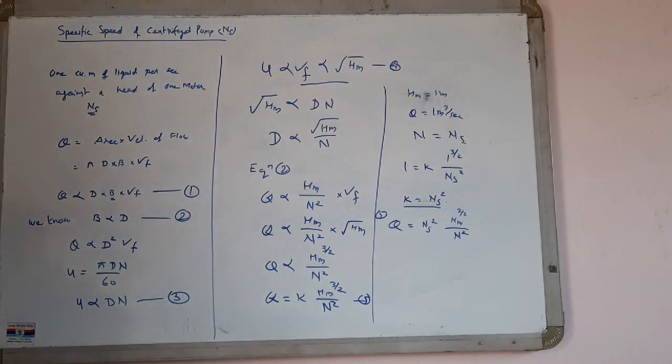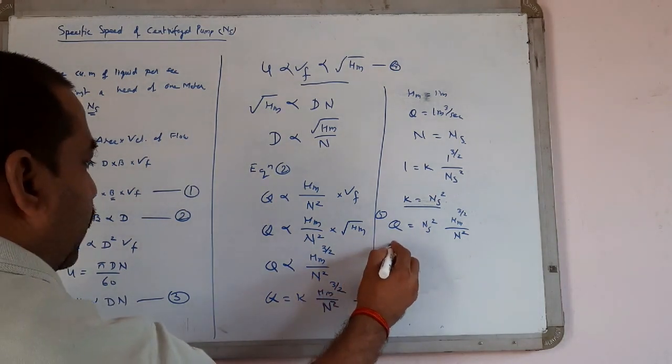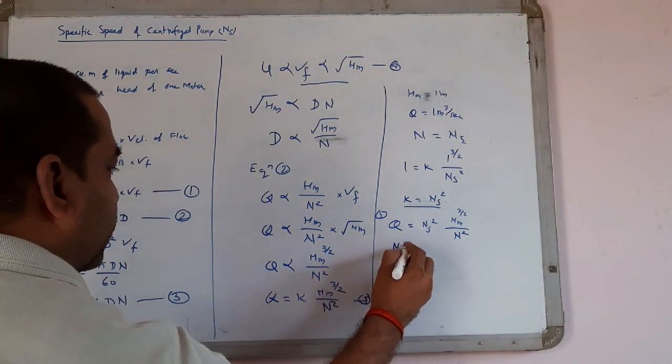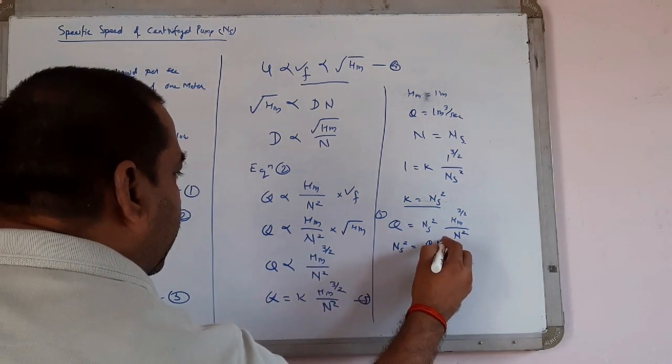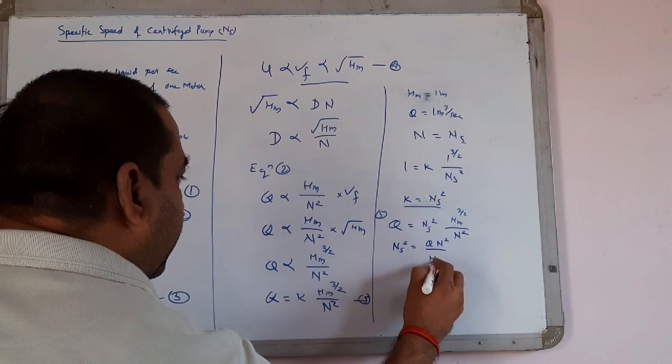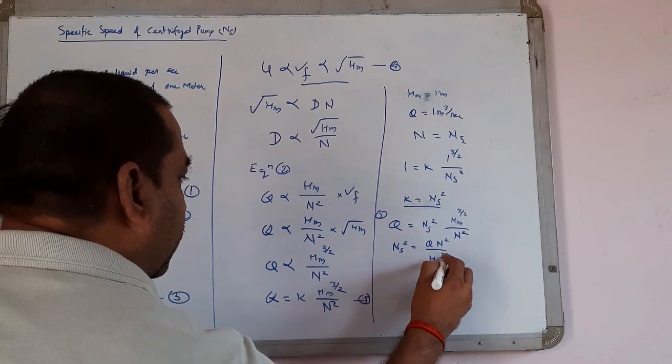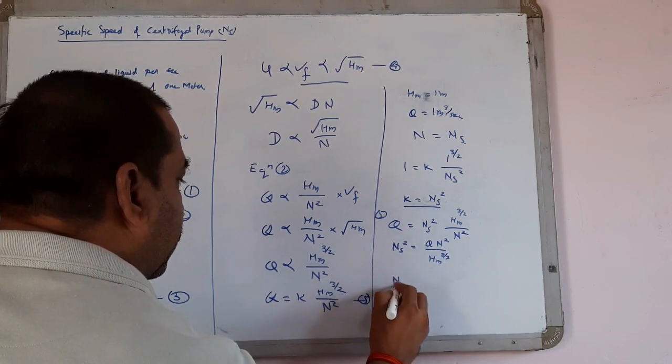So NS square equals Q N square by Hm to the power 3 by 2.